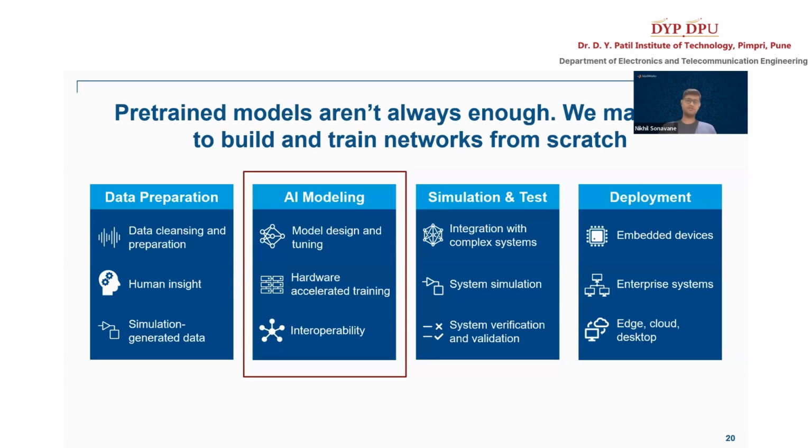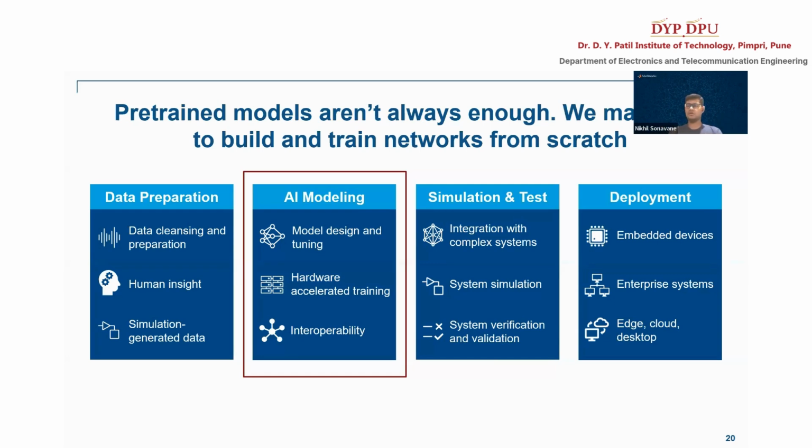In the previous exercise, we just used the trained network, jumped onto the testing part directly, and tested it because it was already trained. But there might be scenarios where a pre-trained network may not be directly useful, or applications where you will have to create a network from scratch. That is what we'll have a look into right now.